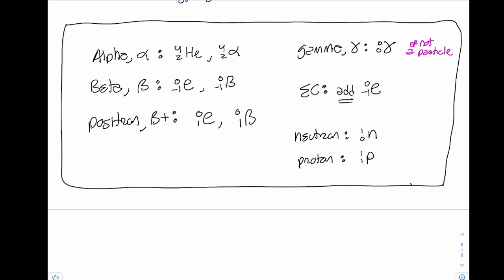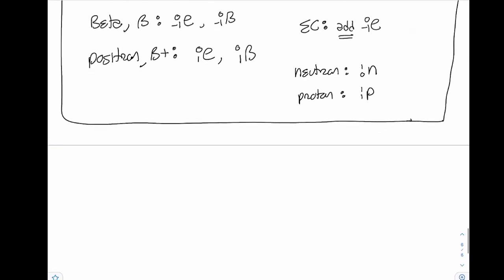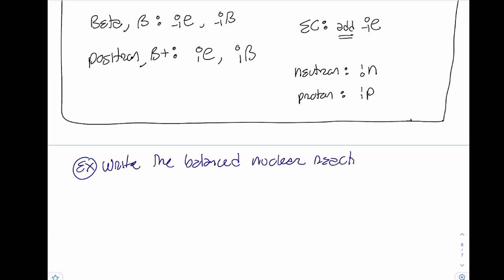radiation. Just a couple more examples, and I want you to do these ones on your own. So you're going to write the balanced nuclear reaction for the following.